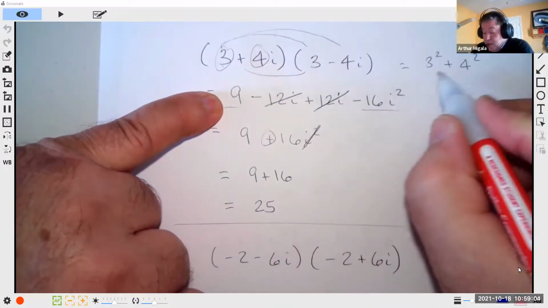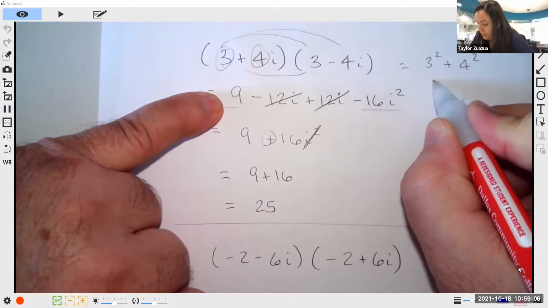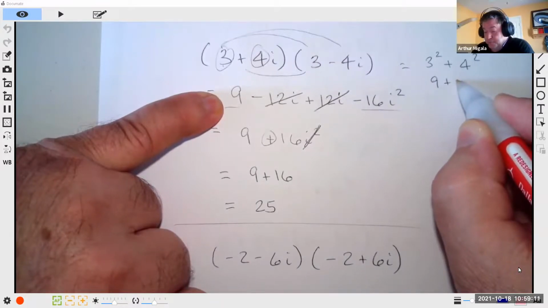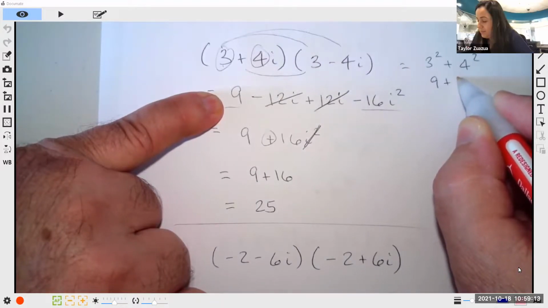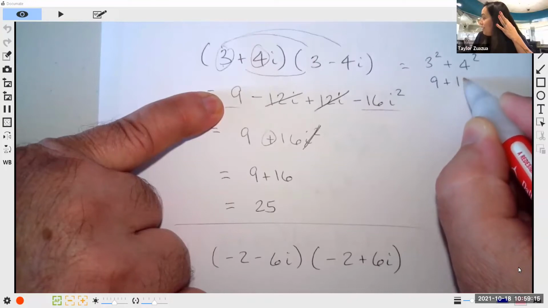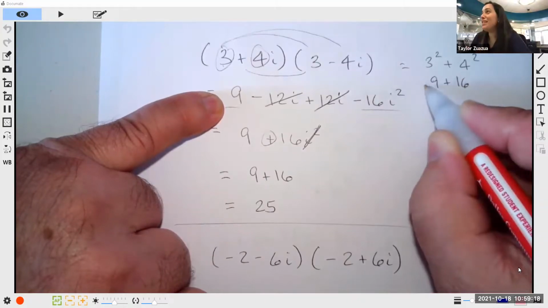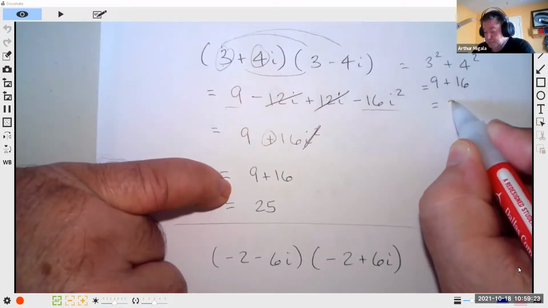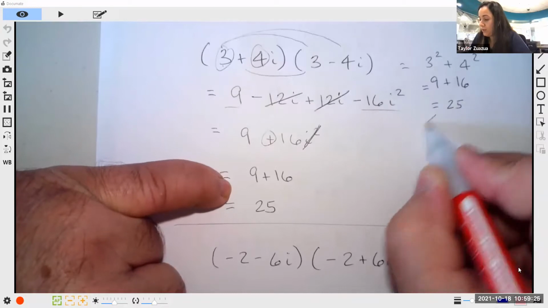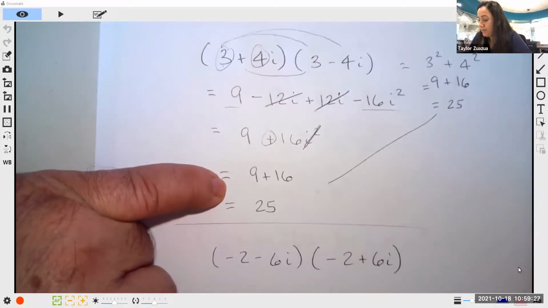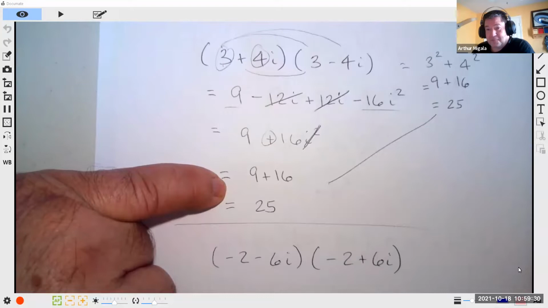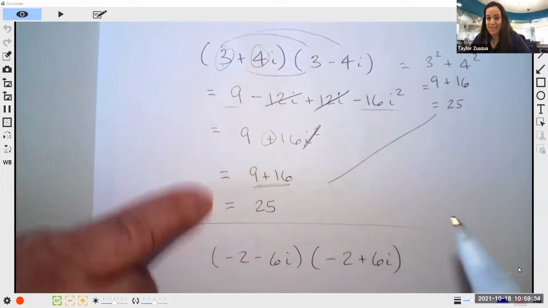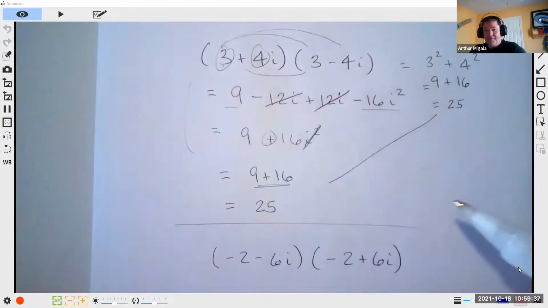What's 3 squared? 9. 4 squared? 4 times 4 is 16. 9 plus 16? 25. You did it right earlier. We just skipped all this other stuff.